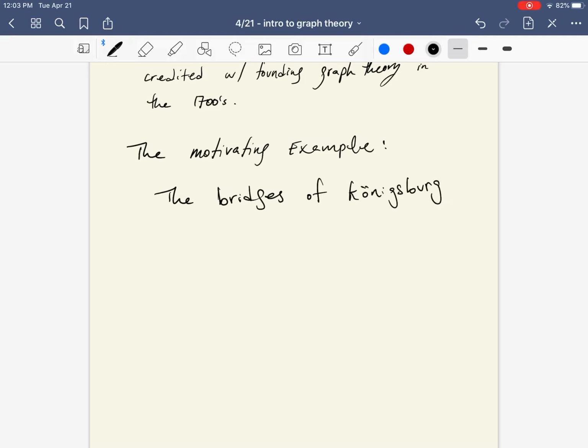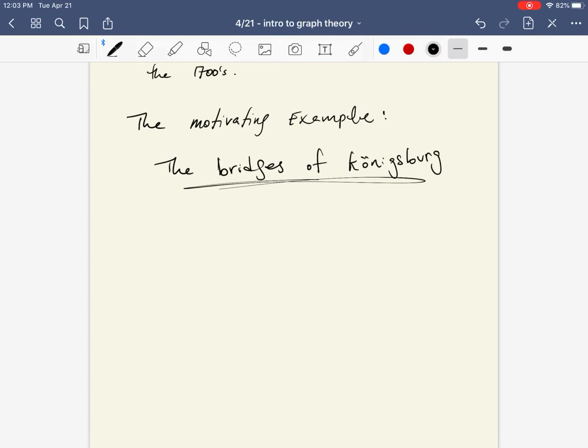So Königsberg was a city in Prussia. It's now a city in Russia. And back in the day, in the 1700s, the city looked like this. Königsberg, Prussia, 18th century, was a city with a river running through it.